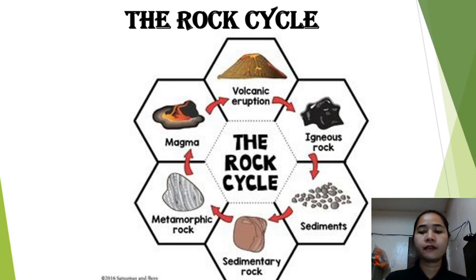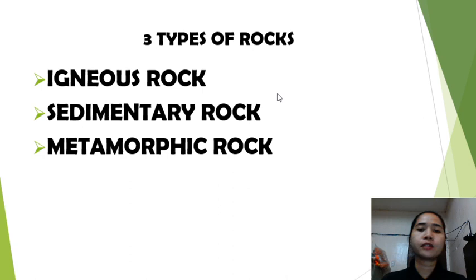Next, the rock cycle starts when molten magma is found beneath the surface of the earth. Then the lava cools and solidifies to form igneous rock. So there are three types of rocks: igneous, sedimentary, and metamorphic rocks.